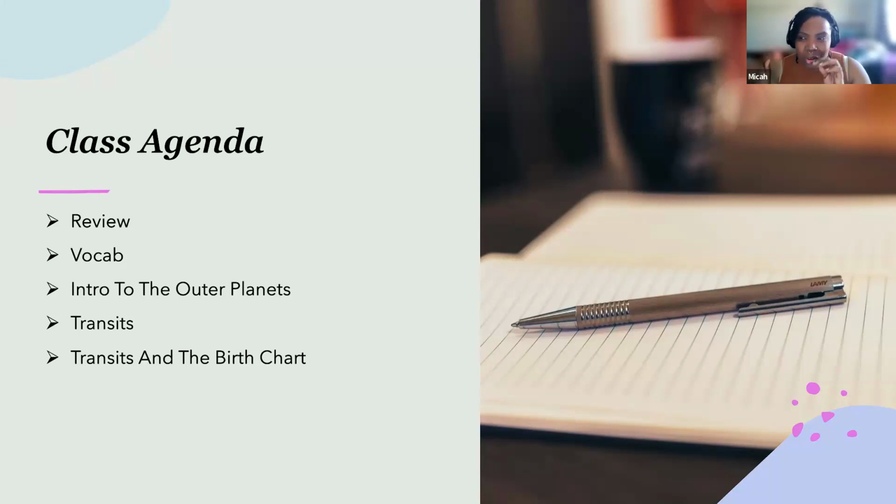Delineation is a little bit of that, not so much because it has more to do with the houses, but they could still be added in there. But the outer planets will play more of a part in this course in particular.